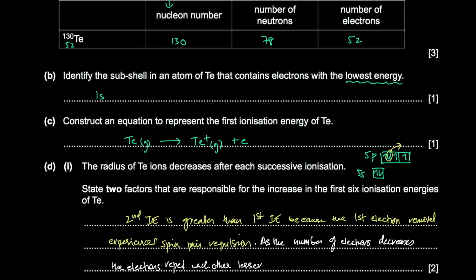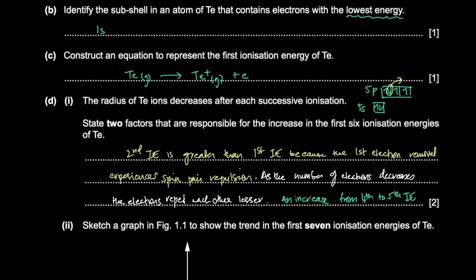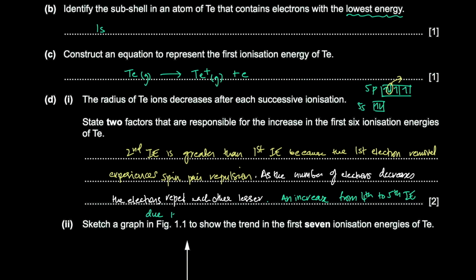Another factor is that you're going to see a specific increase from the 4th to the 5th ionization energy, due to the 5th electron being removed from the 5s orbital.